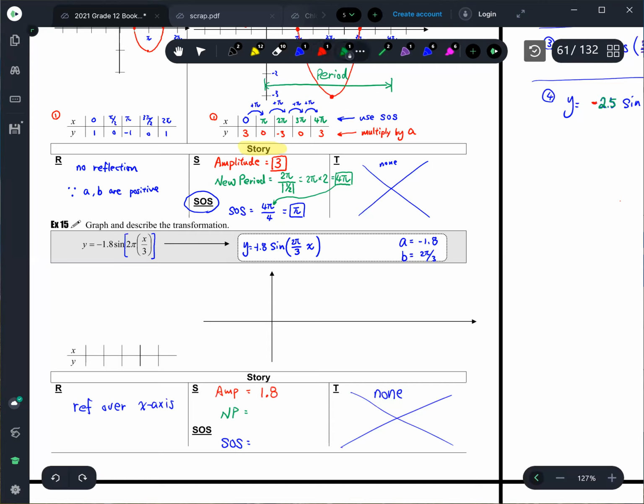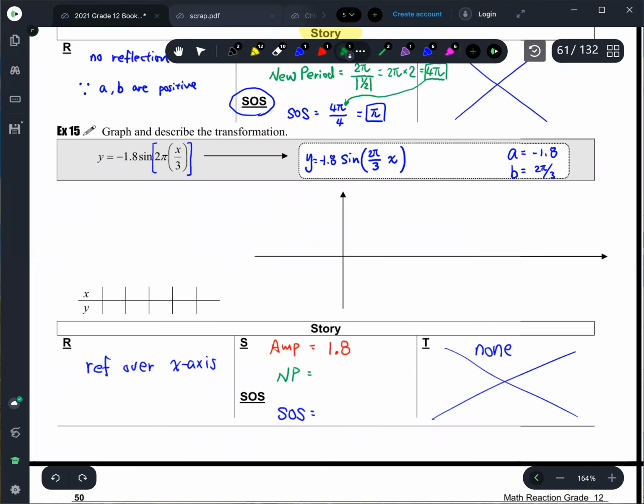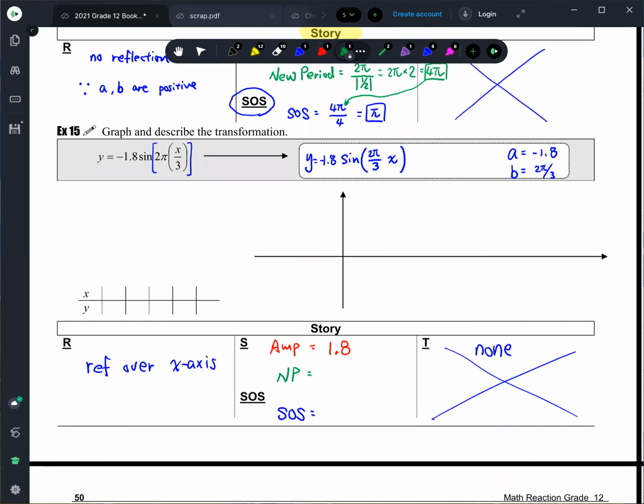Now to find the new period, Evan, how do we find new period here? You use the 2 pi, and then you divide by the B. What's the B? 2 pi over 3. Make sure it's positive.